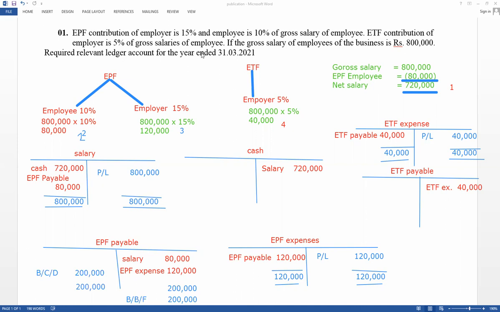Therefore, think about EPF payable accounts. Debit side increase. So credit side increase. Take that value to the debit side. Difference value as a balance carried down, under current liability. ETF payable also the same way. ETF payable, credit side increase, all the payable accounts are liabilities.